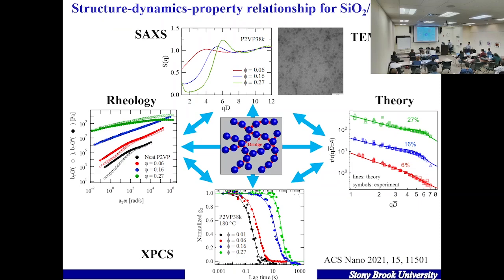This is the structure using small-angle X-ray scattering. This is what we call X-ray photon correlation spectroscopy. It's like an I(Q,t), but it measures the filler dynamics instead of the polymer dynamics. And this is the rheology. The time scale of XPCS is pretty much the same as the rheology experiment, so we can correlate the macroscopic property and the filler dynamics. And then there is the theory behind it.